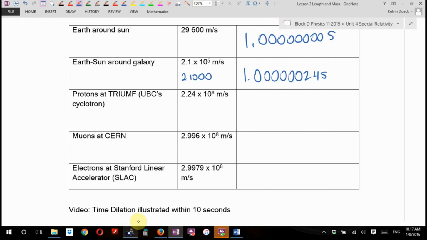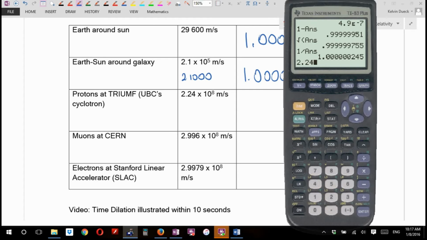Well, now the protons are like a spaceship traveling, so that's V divided by the speed of light squared. 1 minus that, square root. 1 divided by that. In 1 year, the protons will experience, hey, that makes a difference. 1.5 years. That's noticeable.